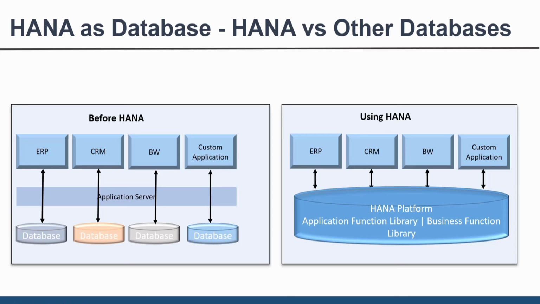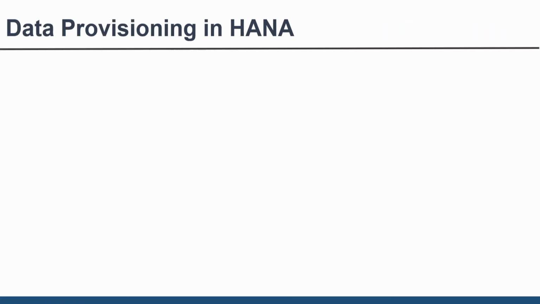So if you remember, you have also learned this, that with the new architecture of S4HANA, HANA is not just a database, it is a platform which is a combination of database layer plus application layer, wherein you can see application function libraries and business function libraries which are built in within the HANA platform. So these are the important differences between any other database and HANA database.